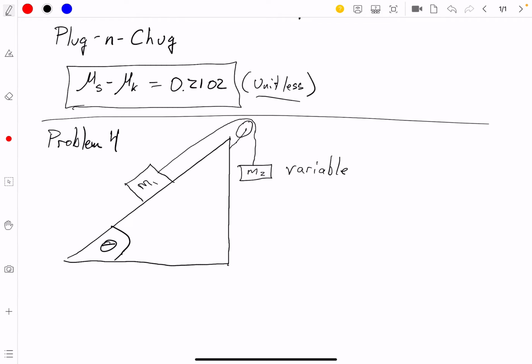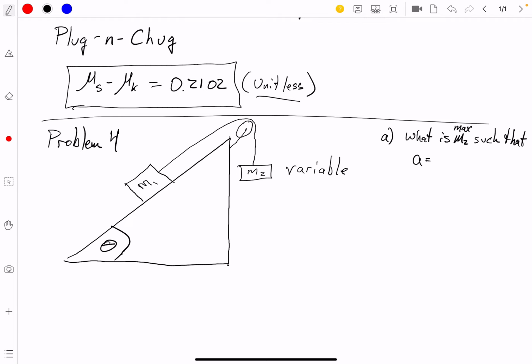All right, so what we need is 2 free body diagrams, and I'll write A. What is M2 such that A equals 0? And I should say M2 max, right?